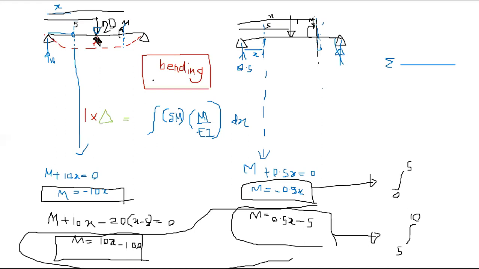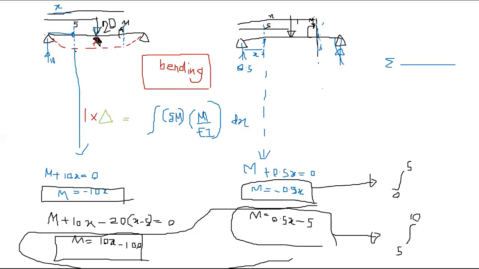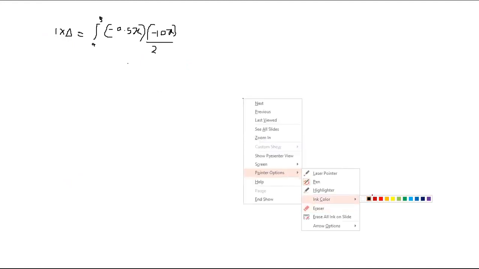So you can write 0 to 5, and the moment by virtual loading is minus 0.5X into M over EI. So M is the real bending moment, right? Minus 10X, over this is 2EI. This is where you take that into account, right?